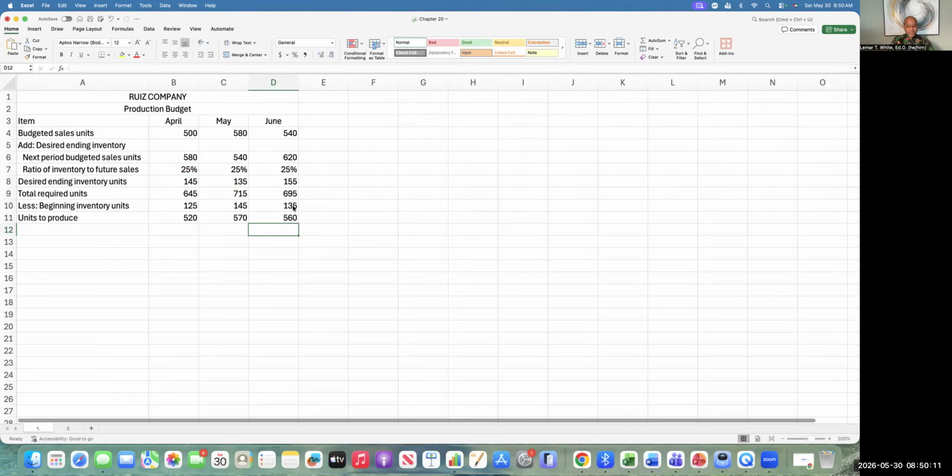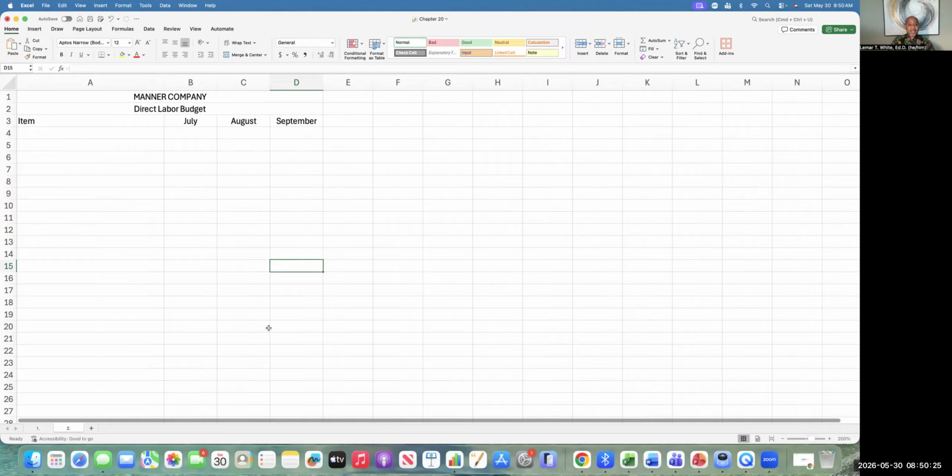We'll do one more question. We're going to move to question number 3 in the homework. At the back of the chapter, it's exercise 20-11. For this one, we're doing a direct labor budget for Manor Company. It says, the production budget for Manor Company shows units to produce as follows: July, 620.